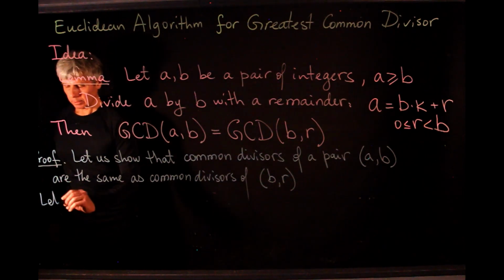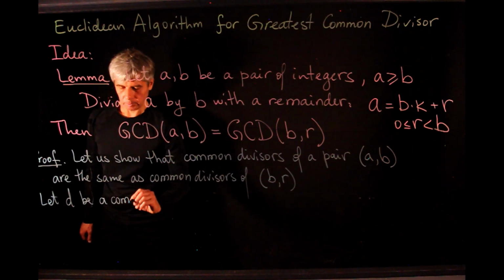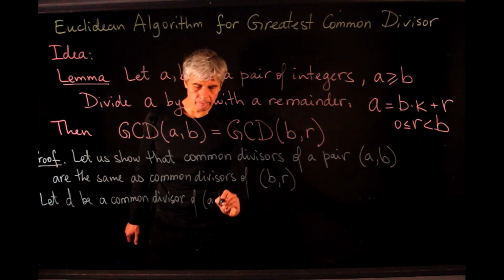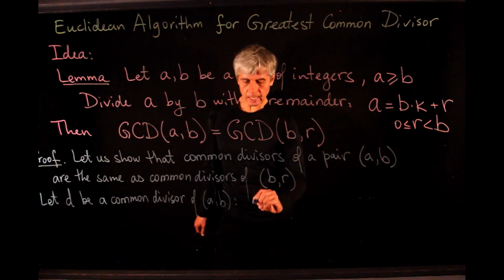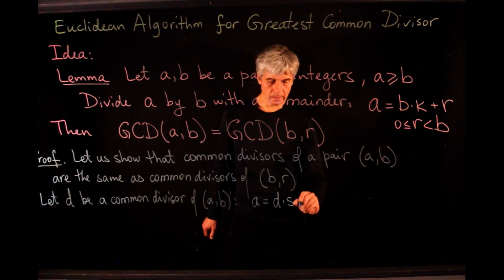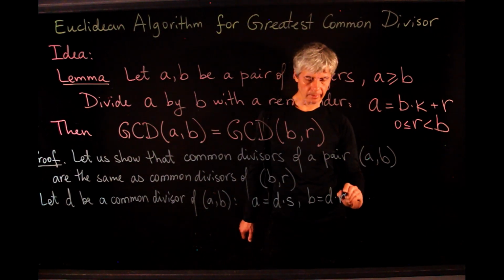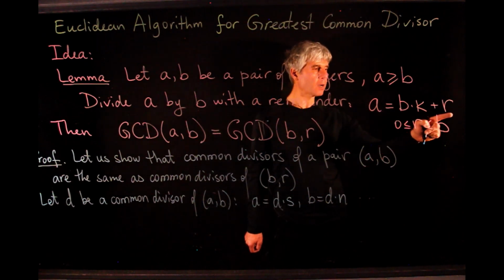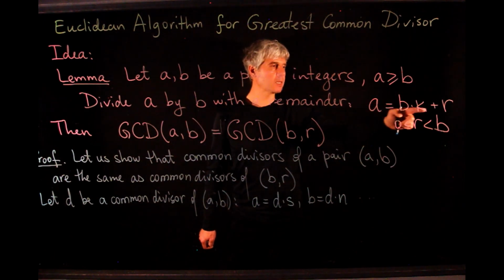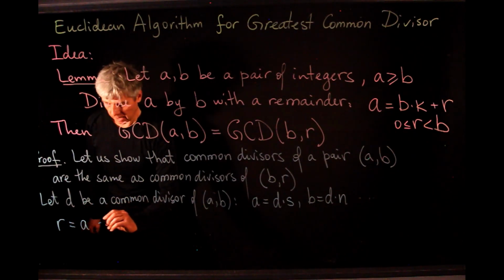Now, let D be a common divisor of the pair A, B. So this means that A is a multiple of D. A is D times S, and B is also a multiple of D. So D times N. Now, we have that R is the remainder of A after division by B. So A is B times K plus R. So then R is A minus BK.